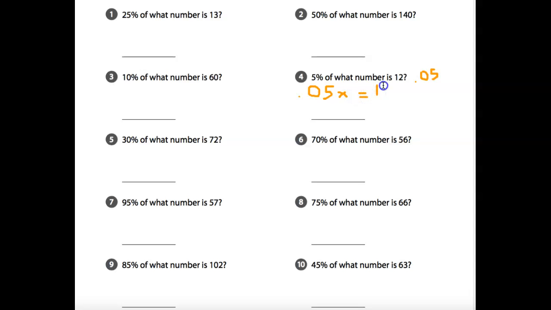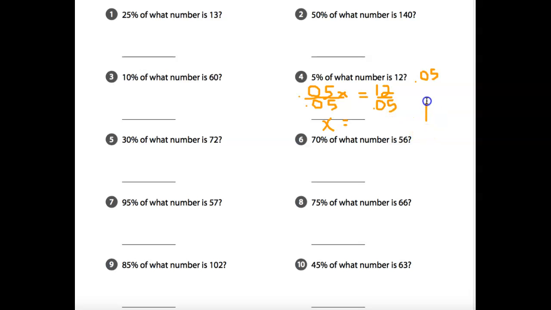And we have to solve for x. So the way to do that is divide both sides by 0.05, and these cross each other out. So we're left with x equals, now what we have to do here is also divide this by 0.05.